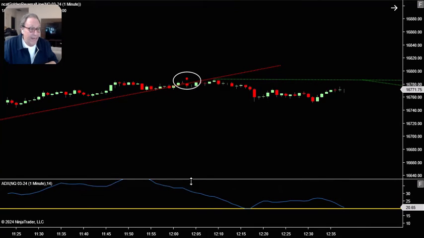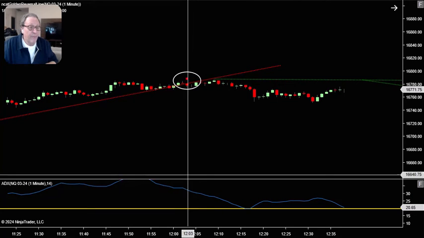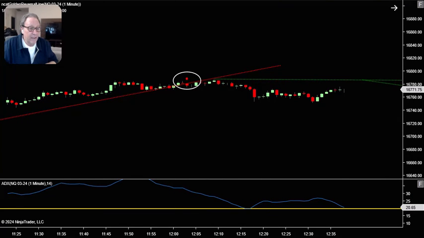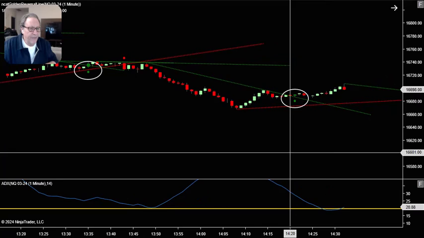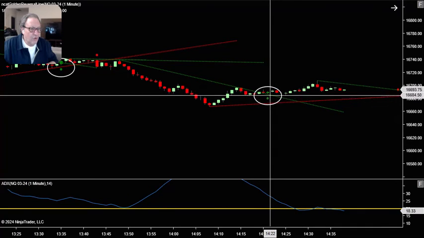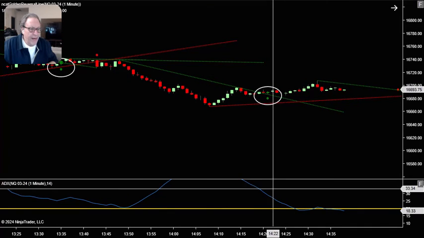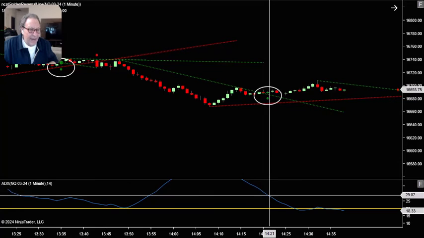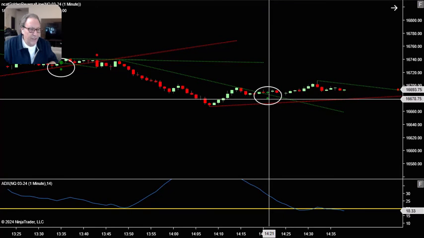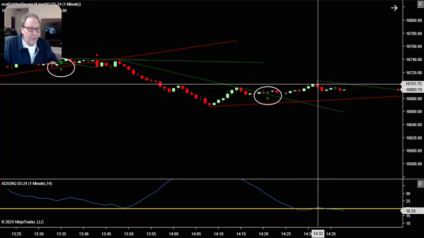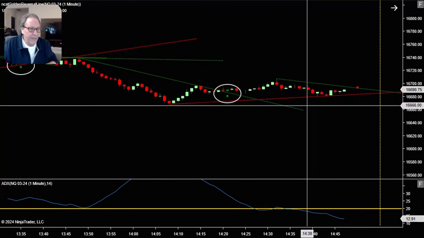It's weakening. Not that it's going short, but that price movement is weakening. And same thing over here. We've got a cross for a long trade and a declining ADX. I'm not going to take that trade. And sure enough, not much movement as a long trade, so we were happy we didn't get into it.